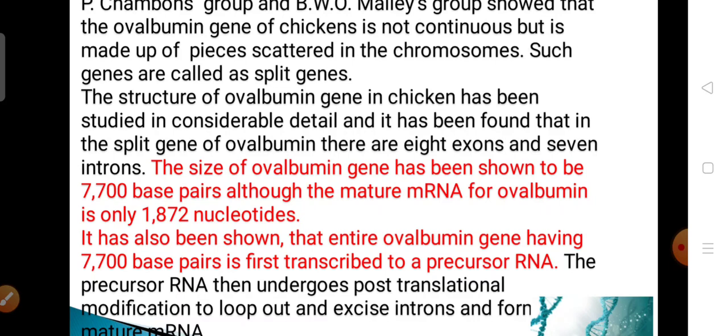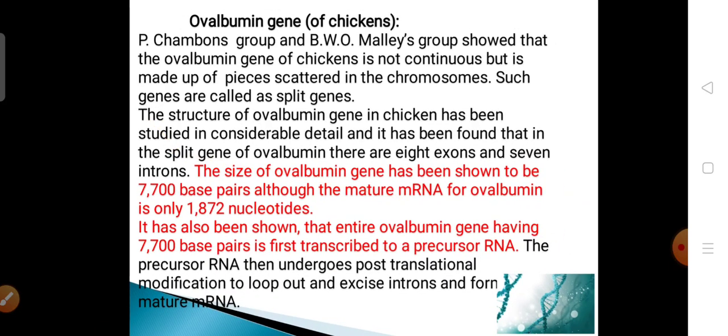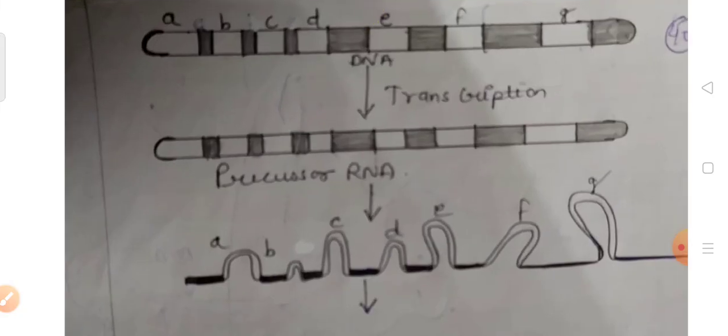The precursor mRNA then undergoes post-transcriptional modification, so the mRNA transcript is modified. How is it modified? All the intron regions, which are not going to participate in protein synthesis, loop out, and they are spliced and cut out, and ultimately a mature mRNA is formed.